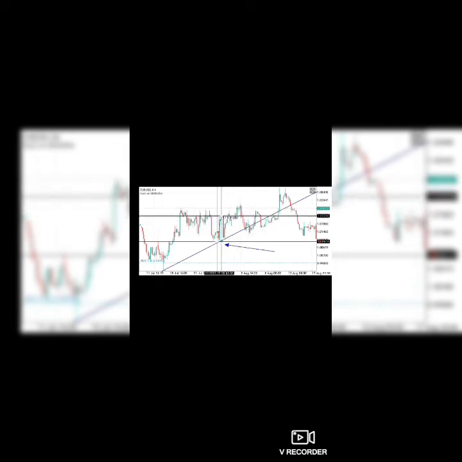Let me measure it again. Don't expect the measurement to be the same, but I think I have 0.1245. If we multiply it by 10,000, that will give you 124.5. Now the pip value for Euro USD is $10. 1 pip in Euro USD per lot size is $10.